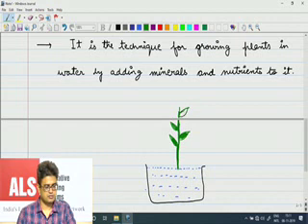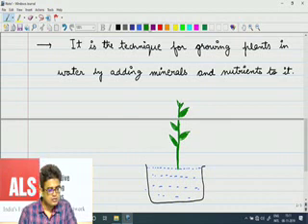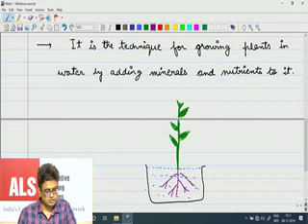And what happens is the root system that is there, I should have shown it with brown color actually.